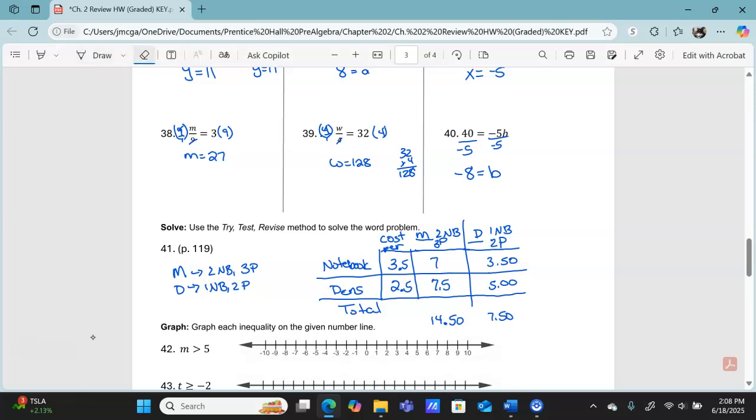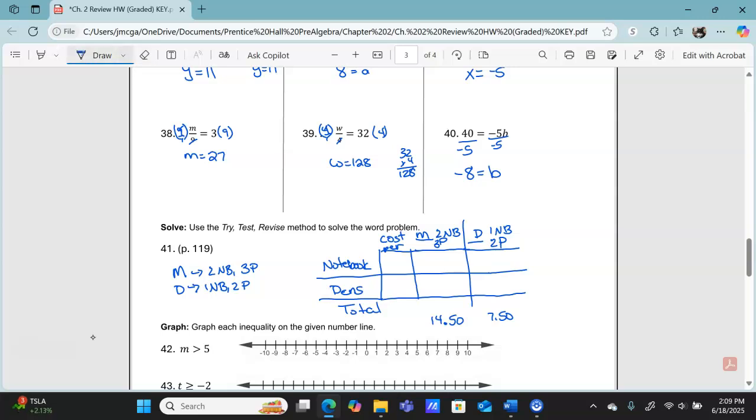So let's go up again on the price for notebooks. So let's say $4. So that would be $8 here. What would I need? 1450 minus 8 is 650.